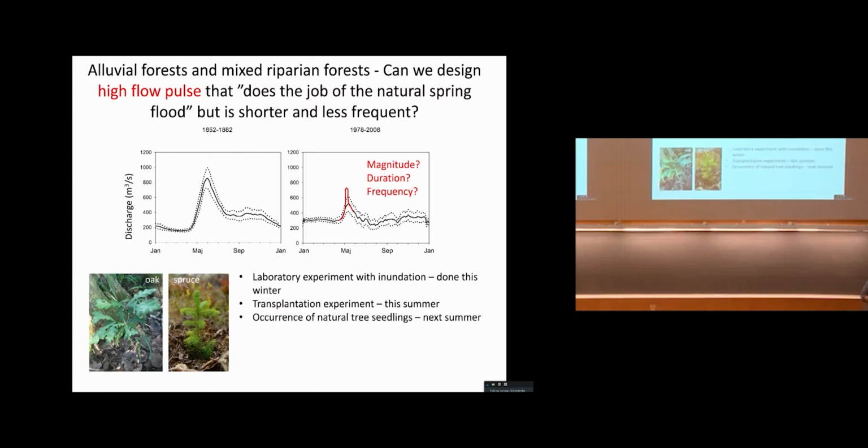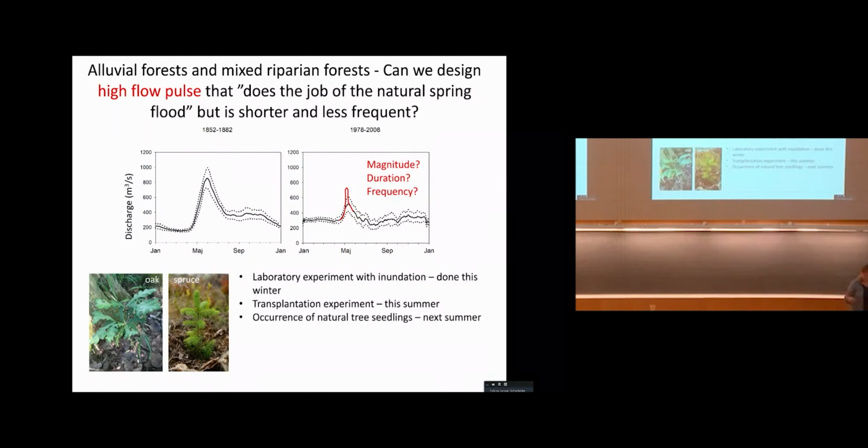So what we do there is we work on 3 different levels, so to speak. We have a laboratory experiment where we inundate spruce in the lab, and this is something we've done this winter. So I'm going to show some results from that.